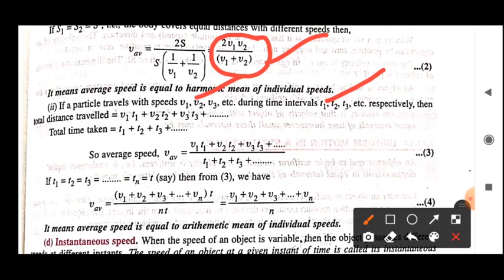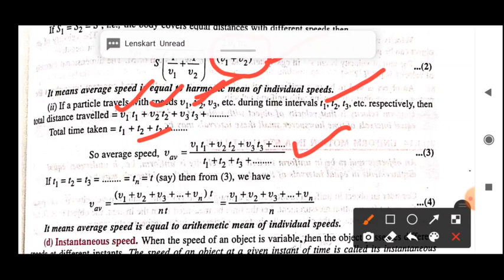Then what will be the total distance travelled? Distance is velocity into time. So for the first it is v1 t1, for the second v2 t2, then v3 t3 and so on. And the total time is the sum of the intervals. Now again the average speed can be calculated by the same formula, total distance upon total time.